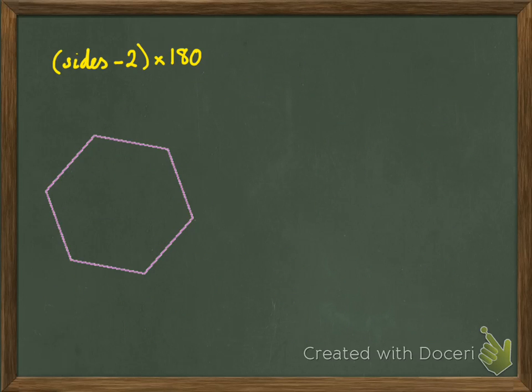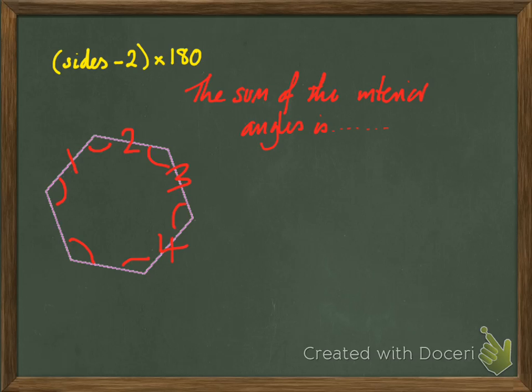Here is our shape, which, as you will know, is a 6-sided shape, which is, you've got it, a hexagon. So I'm just going to do the formula and find out what the sum of the interior angles is. And remember, everybody, all sum means is if they're all added up together, what's the total of all of these angles here? Well, how many sides have we got? We've got 1, 2, 3, 4, 5 and 6.